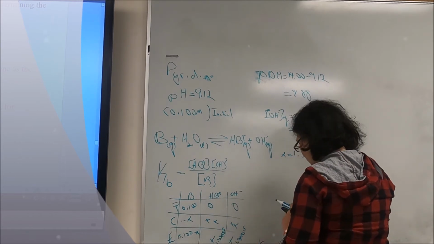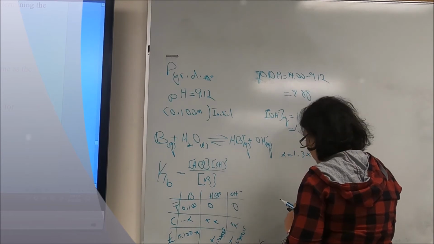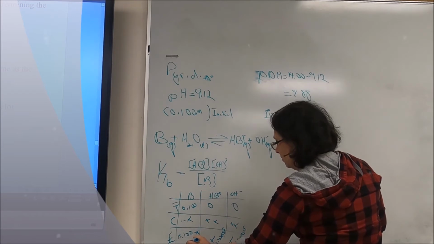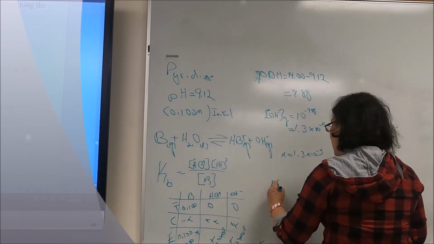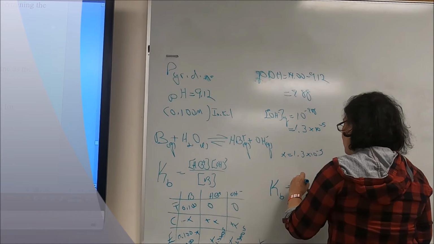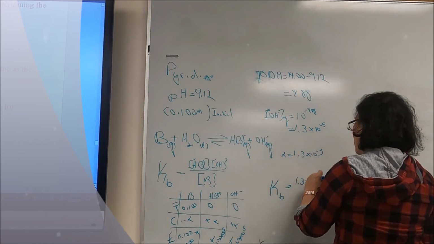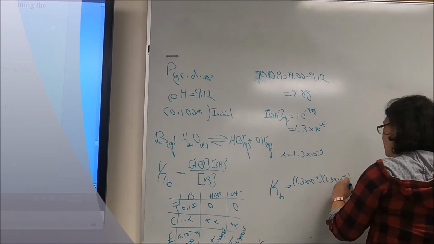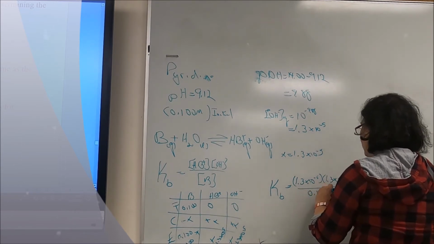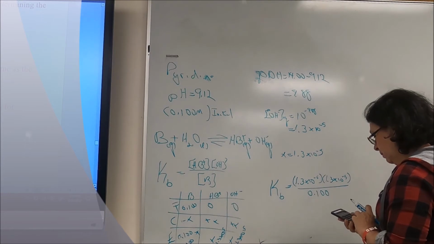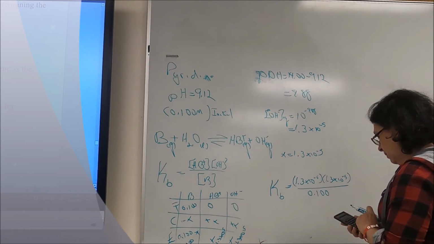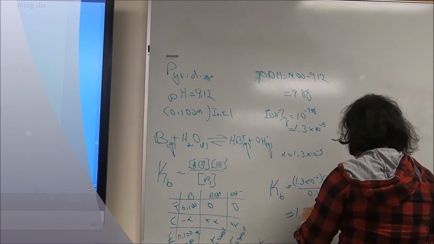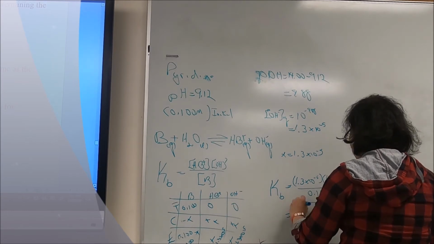And if I subtract that from 0.100, rounding off to 3 significant figures, I still get 0.100. So if I plug into my Kb expression, 1.3 times 10 to the minus 5 times 1.3 times 10 to the minus 5 all over 0.100, I get a Kb value of 1.7 times 10 to the minus 9.